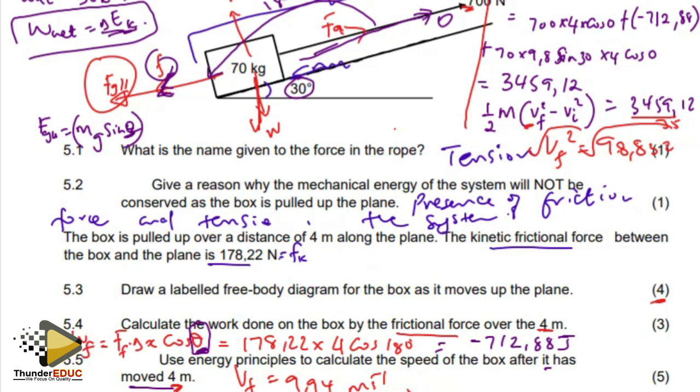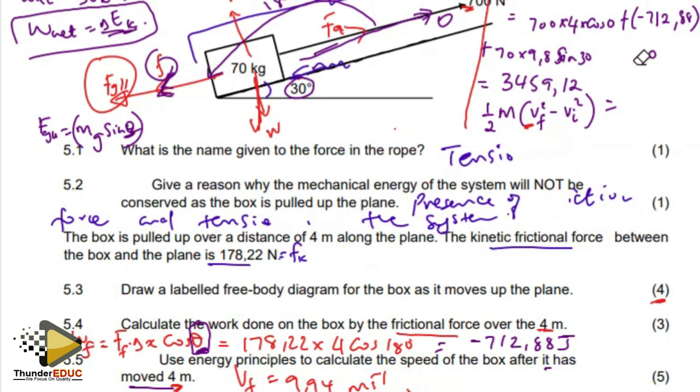Let me just, because I've seen my mistake, so this is going to be wrong. Same applies to that. So the wrong thing is this part. Remember we said it's 70 times 9.8 sine of 30.